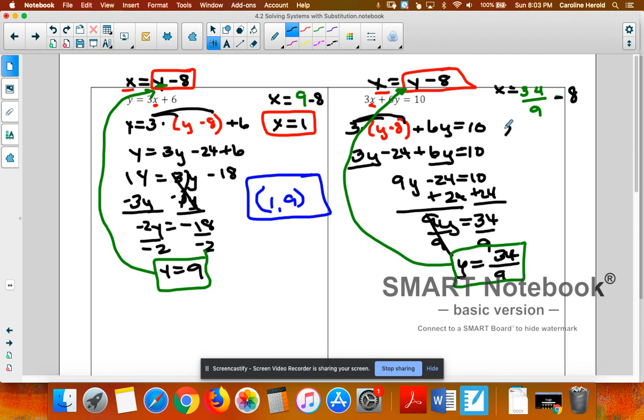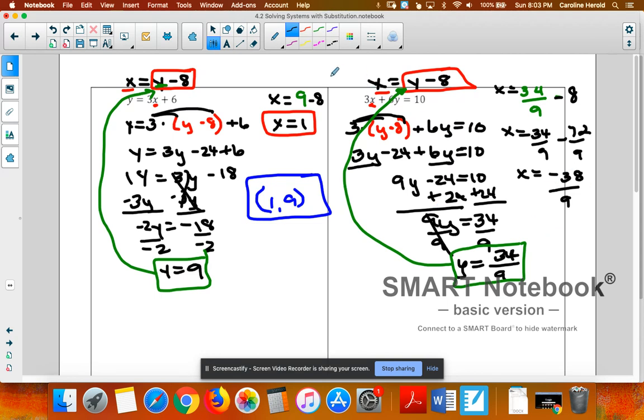Well, that means x is equal to 34 ninths, and I have to make 8 into ninths. 8 is the same as 72 ninths. So x is equal to negative 38 ninths. 72 minus 34. 72 minus 32 would be 40 plus 2 more, or minus 2 more.